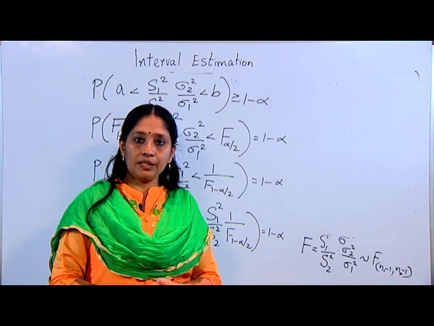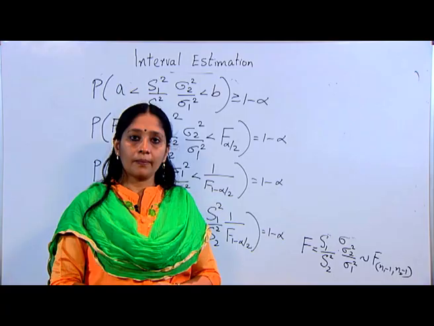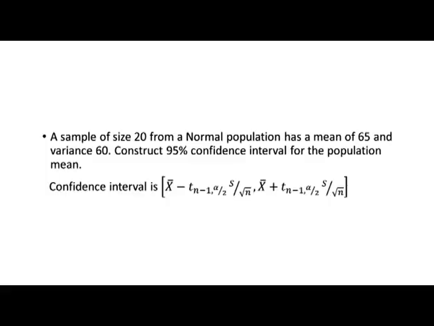As an illustration, I shall work out a question. A sample of size 20 from a normal population has a mean of 65 and variance 60. Construct a 95% confidence interval for the population mean. Here we can see that the population variance is unknown.